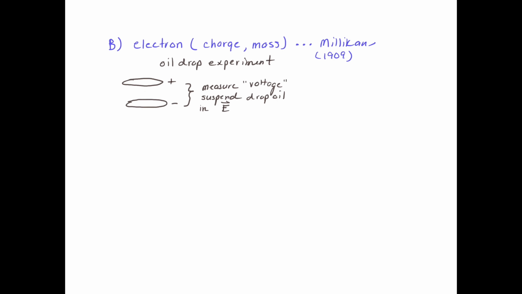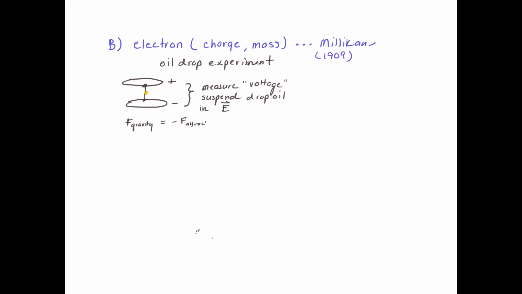And physics tells us that if an object is stable, there are forces acting on it, and the magnitude of those forces are equal and opposite. So there was a gravitational force pulling on that oil drop, and then there was this electrical force that he applied.